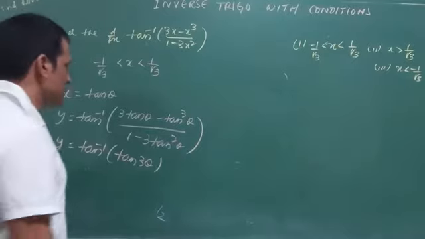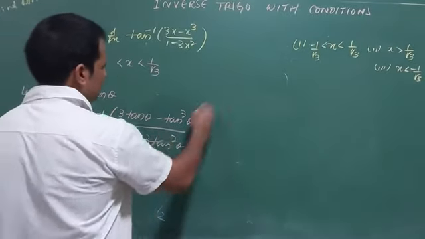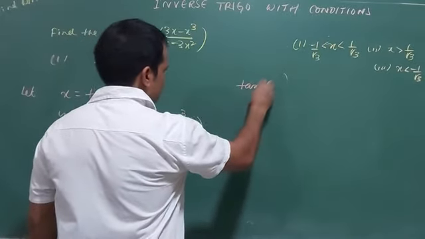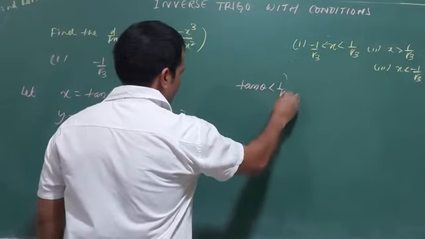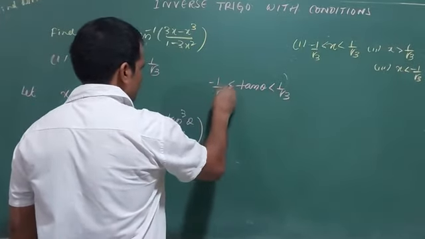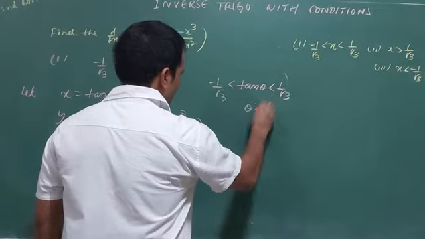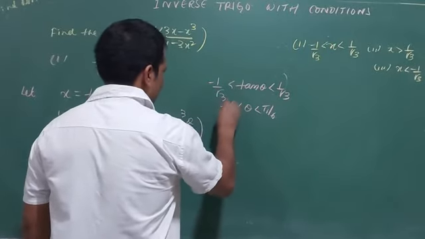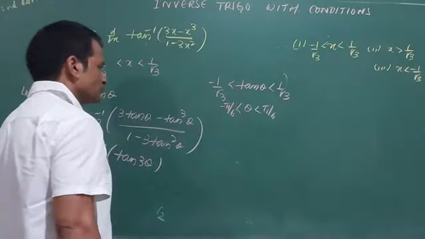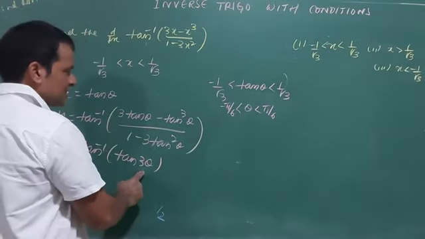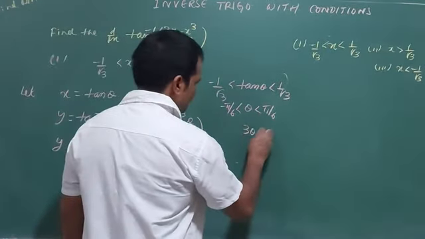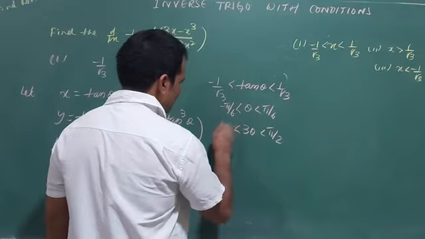I have assumed x is tan theta, so tan theta is less than 1 by root 3 and greater than minus 1 by root 3. Theta is less than pi by 6 and greater than minus pi by 6. Then as I am getting 3 theta, 3 theta is less than pi by 2 and greater than minus pi by 2.